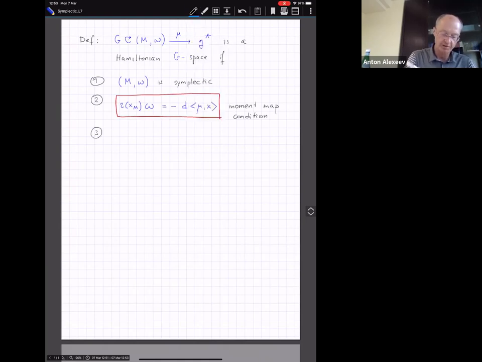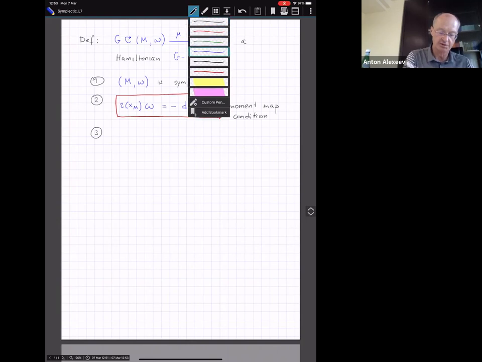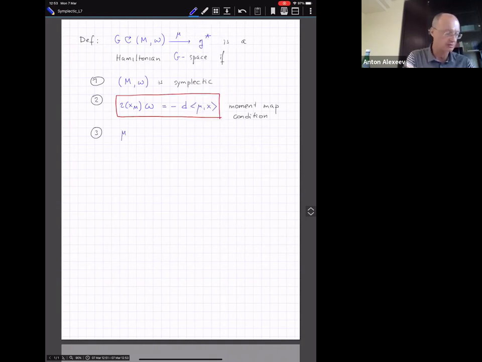And three, there is this extra condition that we discussed in some detail last time, that the moment map is equivariant under the G action on the manifold and under the coadjoint action on the dual space. So this is a very successful definition.